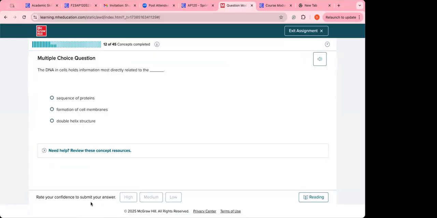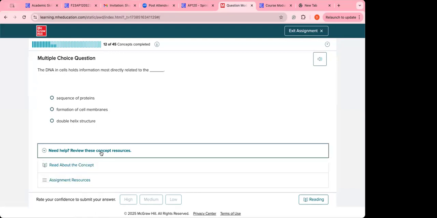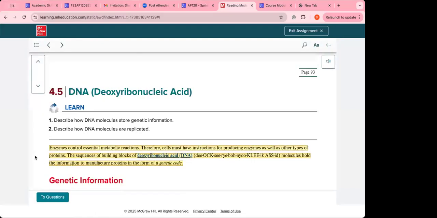The DNA in cells holds information most directly related to the blank: sequence of proteins, formation of cell membrane, or double helix structure. Enzymes control essential metabolic reactions.